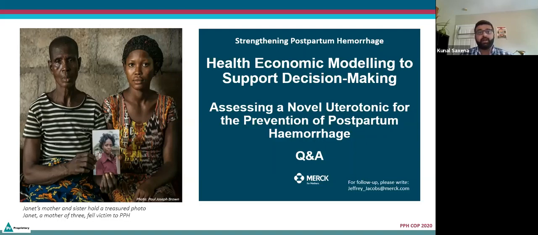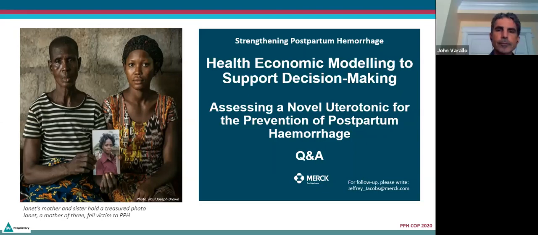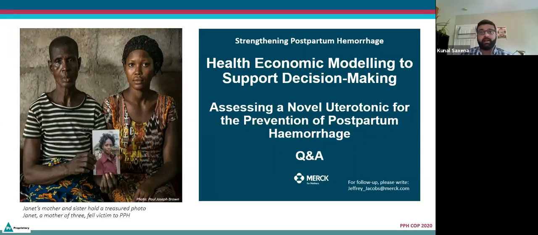So we use the effectiveness data wherever we could find it in the published peer-reviewed literature, and the recommendations or guidelines provided by the local healthcare system, in this case the government of India. India's recommendation on the health outcomes, and wherever we could not find data, either in peer-reviewed literature or in Government of India's guidelines, we use the opinion of KOLs or key opinion leaders in that local country.